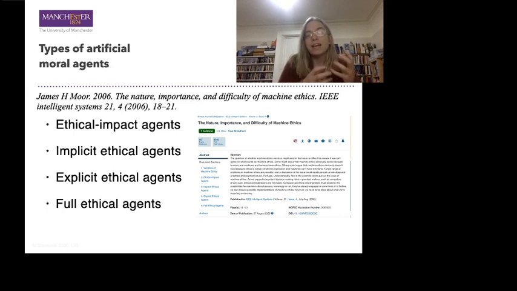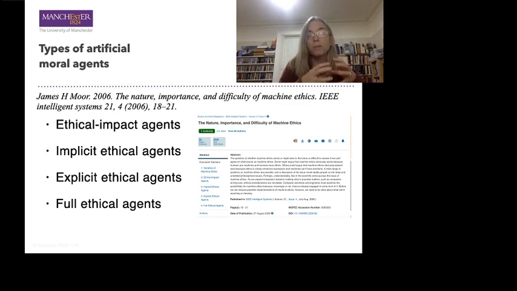The reason their decisions and choices are ethical is because of the software engineering and the design that has gone into creating them that has constrained their ability to do things within some kind of ethical area.